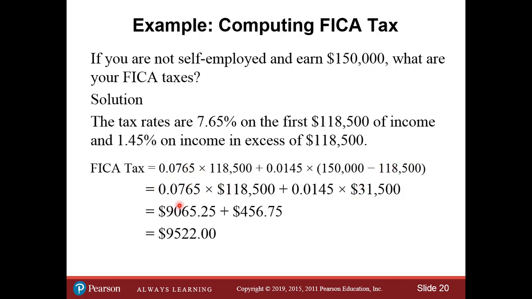So if we take 7.65% of $118,500 and then 1.45% of the remaining $31,500, this is what you get, and your FICA taxes are going to be $9,522.